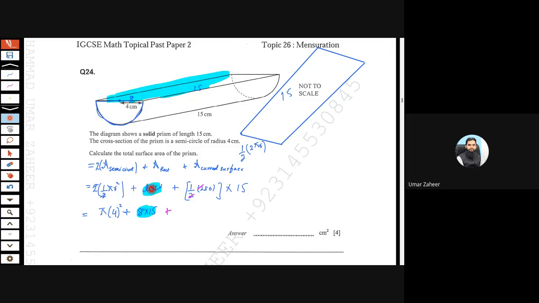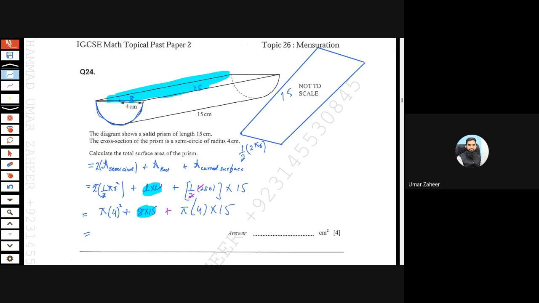This one is a semicircle, multiplied by 2 because you have this one as well. And now this curved path, so pi r is 4 multiplied by 15. Yes, please use a calculator.